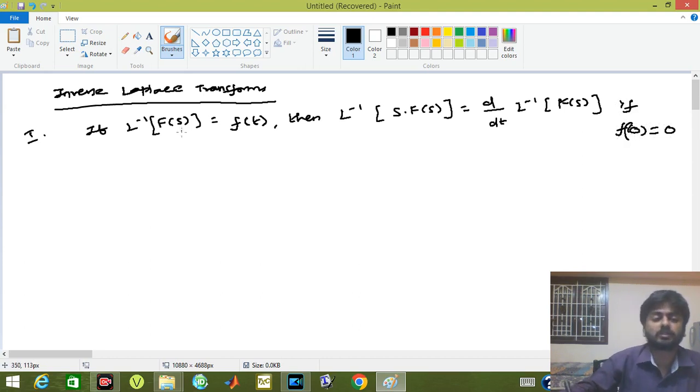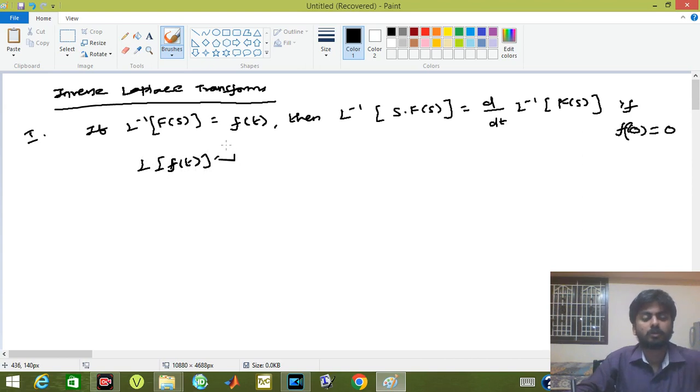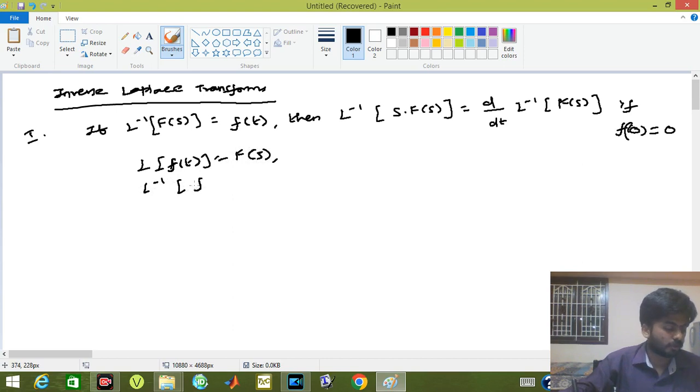Okay, because the formula has been obtained from, we know that L of f of t equal to f of s, and L of f dash of t equal to s into L of f of t minus f of 0.